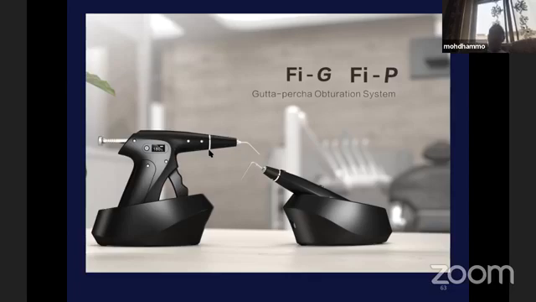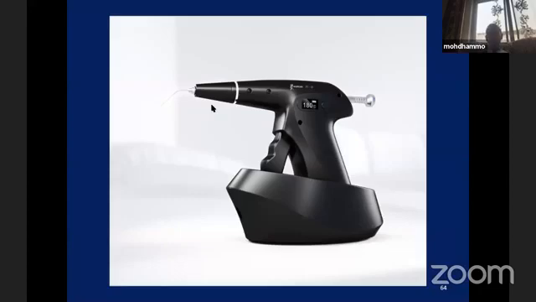So let's see here. After filling the apical part of the canal with the downpack obturation technique, we will use the Guttapercha gun, with which we use flowable Guttapercha to fill the resorbed part. So let's see here what we will do.